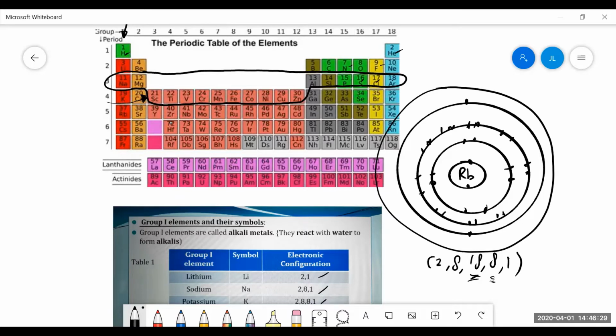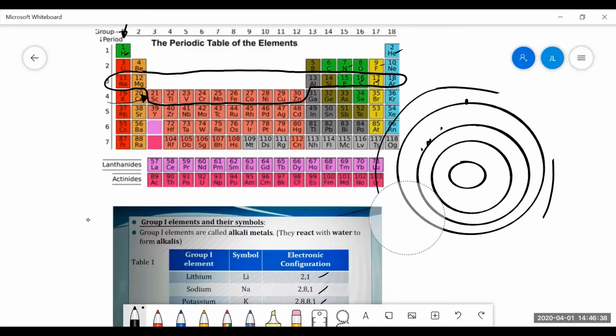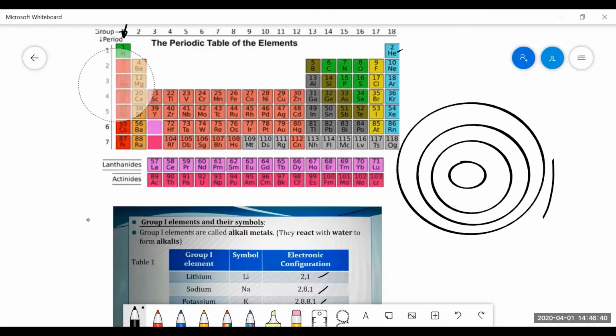So in total, the third shell will have 18. Just a sidetrack only. I think it won't ask this kind of question, so don't worry.